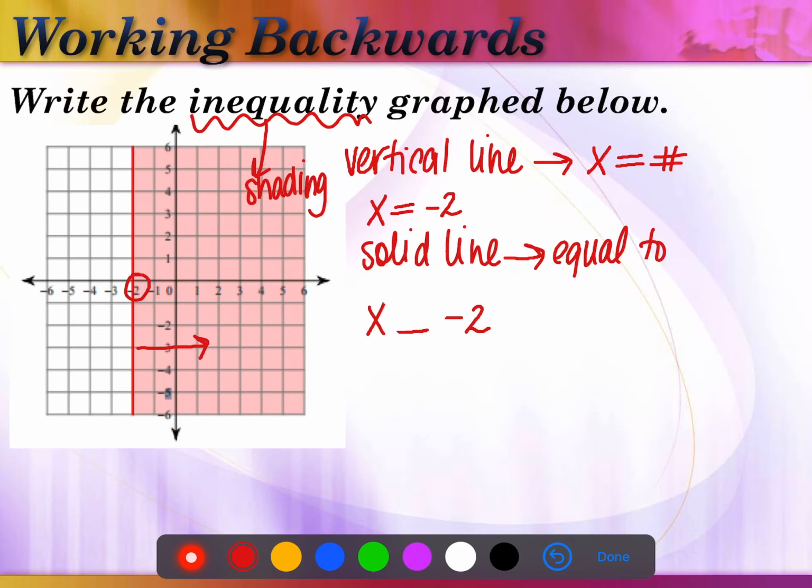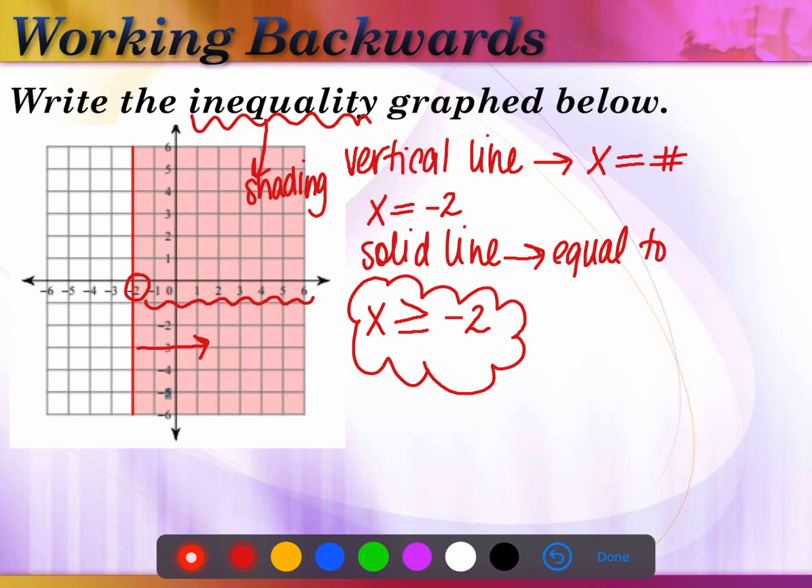I see that the shading is to the right, and all of the values that have been shaded are bigger than -2 where the line starts, which means this has to be a greater than. So the inequality that is graphed here was x is greater than or equal to -2.